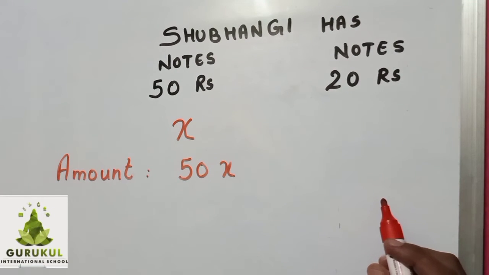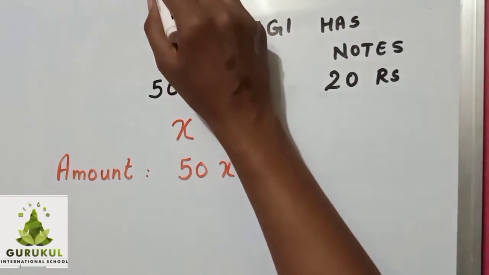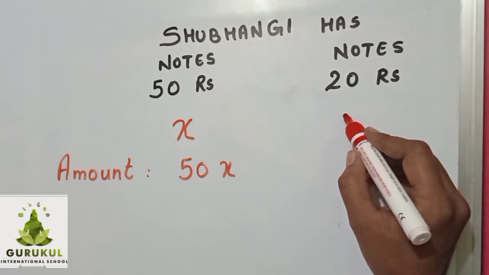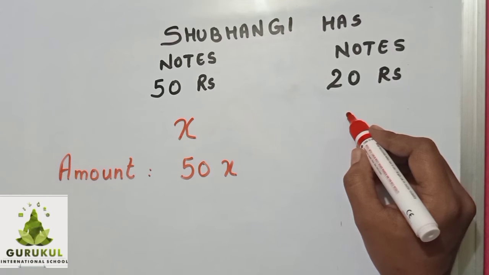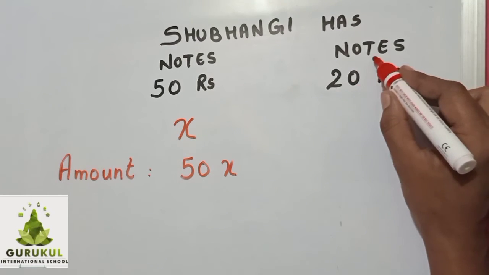Now you read the question again from the beginning. Shubhangi has twice as many 20 rupees notes as she has 50 rupees notes. Is that clear? So how many notes of 20 rupees she is having?